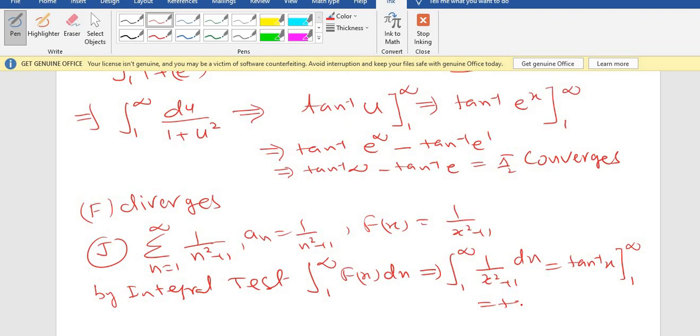So you know that tan inverse infinity minus tan inverse of 1. Tan inverse infinity means pi by 2, and tan inverse of 1 is some finite result, so it converges. The series converges. J part converges. So hopefully you understand this one.